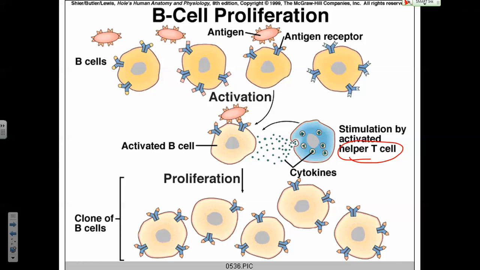I also like this picture because this is a B cell, this is a B cell, this is a B cell, this is a B cell, but only one of those four could be activated by that antigen. This is an older book and they have changed this picture some. They've got a mistake on this. Can anybody tell me what the mistake is? It's up towards the top.